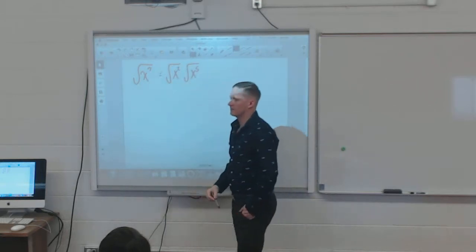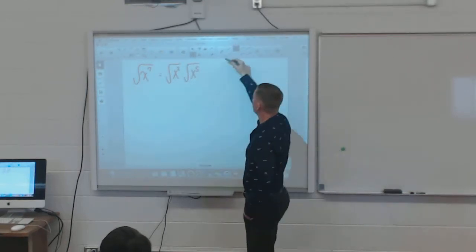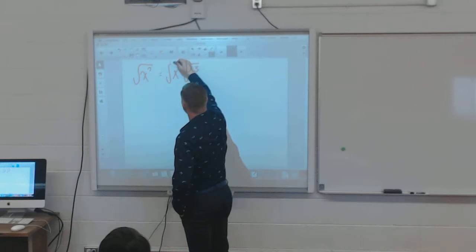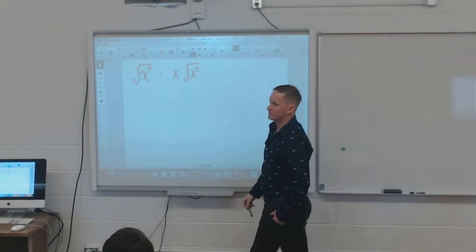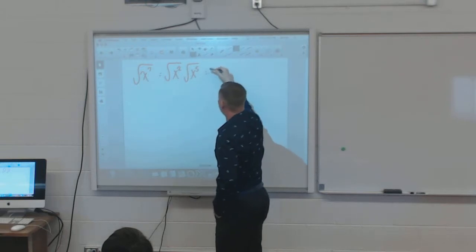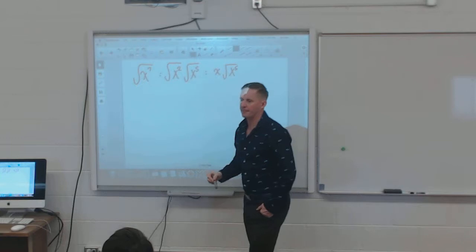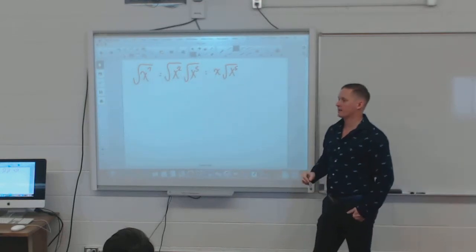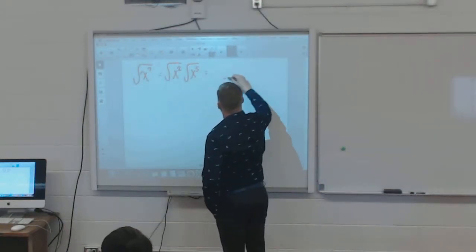Just remove the square root in front of the x. Basically you and I had the same thing, and then you changed it to this. You're on the right track, but not right. You're very close. All right, so let's find out why you're not right.